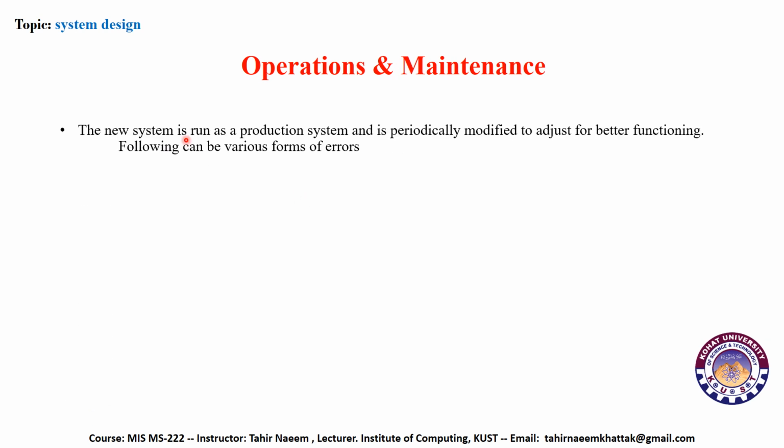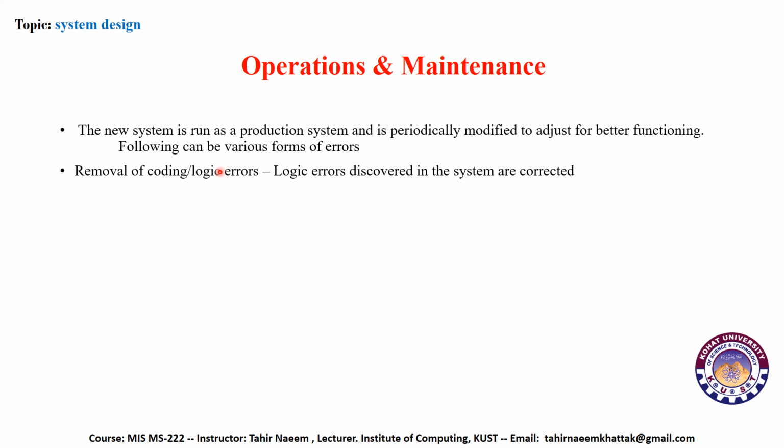Operation and maintenance. The new production system is periodically modified for better functioning. The following can be various forms of maintenance. So basically, operation and maintenance look at how the system operates and whether there are any adjustments to be made. Removal of coding logic errors. Logic errors discovered in the system are corrected.